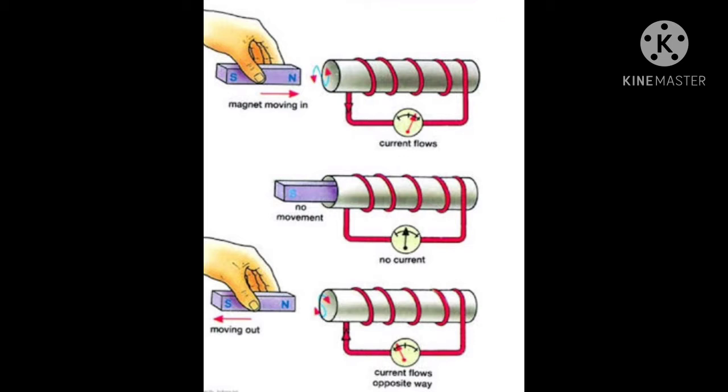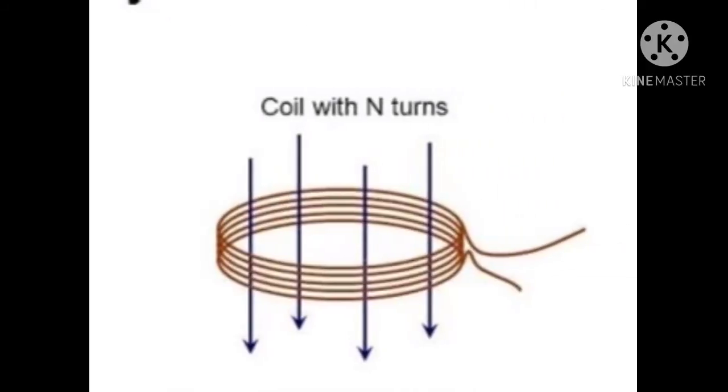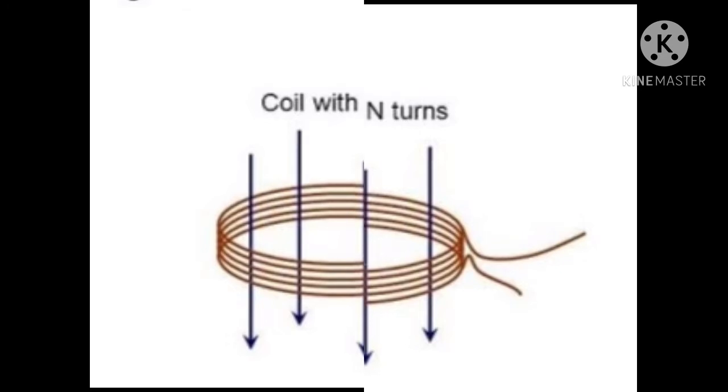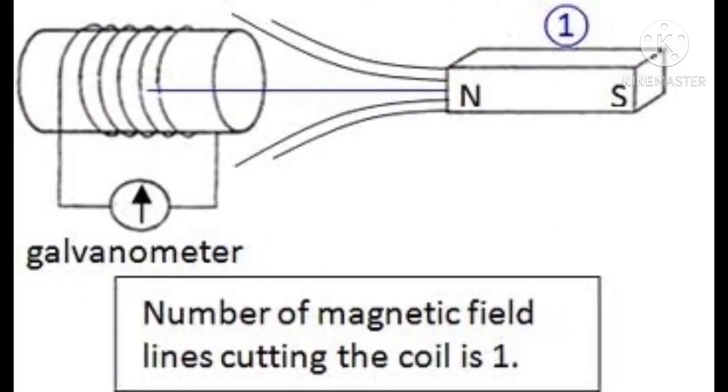Let us see why this induced current is generated. It is generated due to the magnetic field lines which enter or leave the coil. These arrows represent the magnetic field lines entering the coil, and it will be more clear with this picture. You can see this magnet has been brought nearer to the coil, and only one magnetic field line is entering the coil.